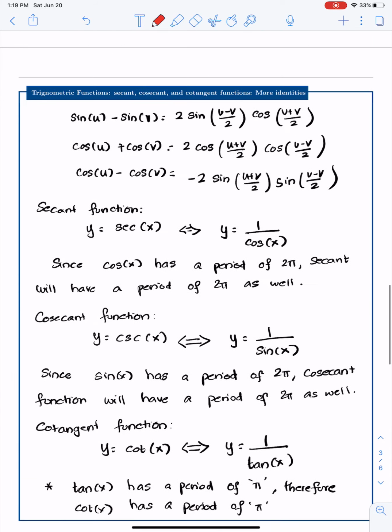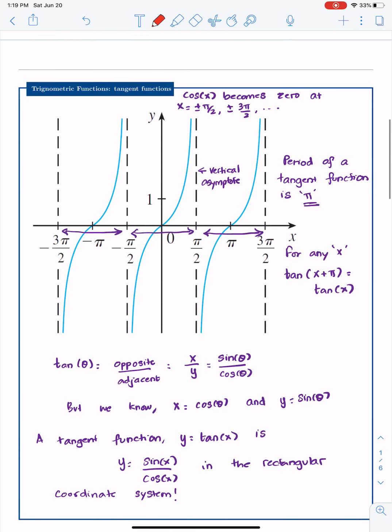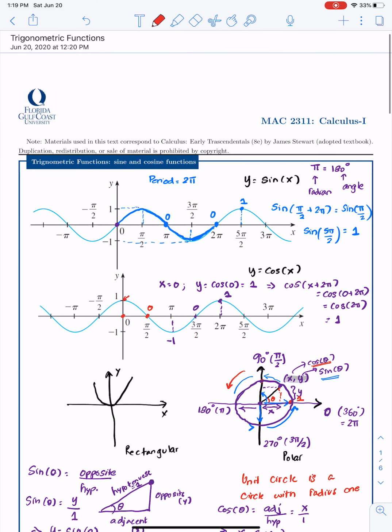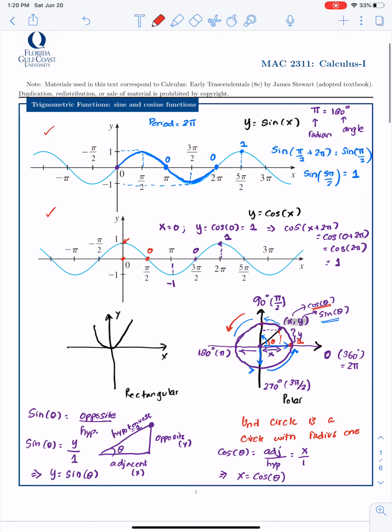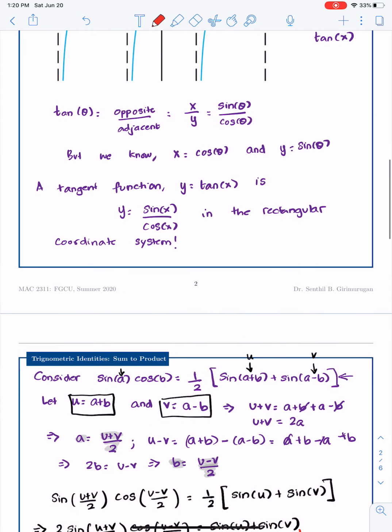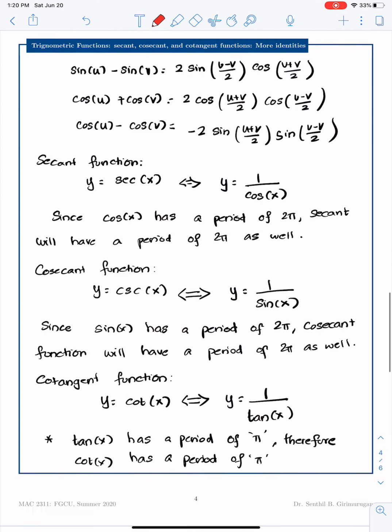Now, when I first started, I had the sine function and the cosine function right there, and neither of them had vertical asymptotes. They are well-defined functions, just like smooth up and down curve, and it's just merrily going about in the rectangular coordinate system.